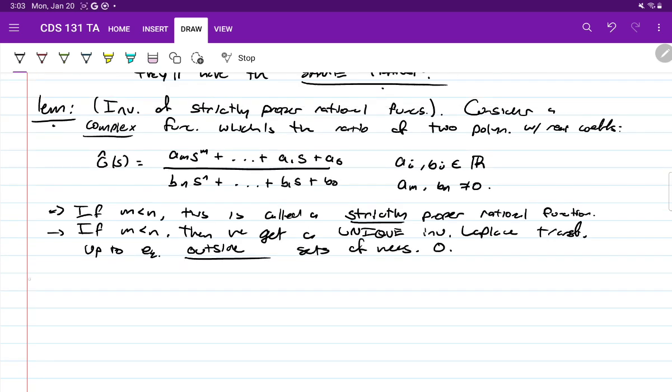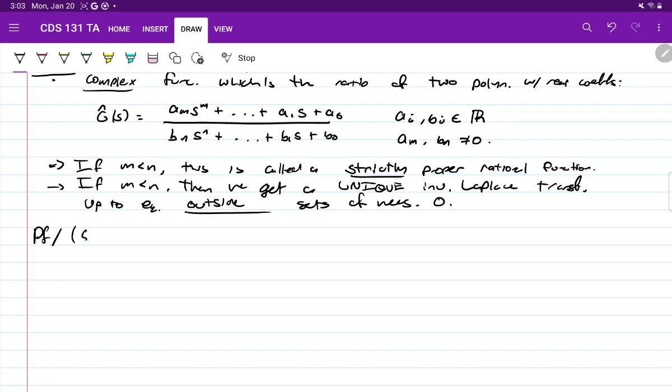Okay, so let me just give you a very quick proof sketch of a simple case of this. The case that I will give you is that the roots of each polynomial are distinct. So each polynomial doesn't have any repeated roots, and I'll just assume that they're all real as well.